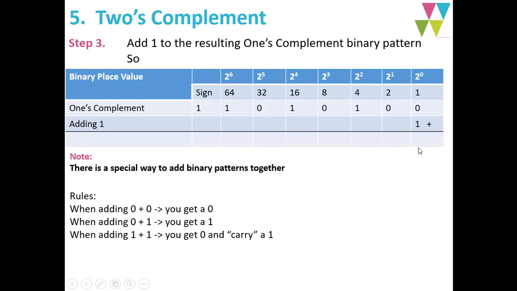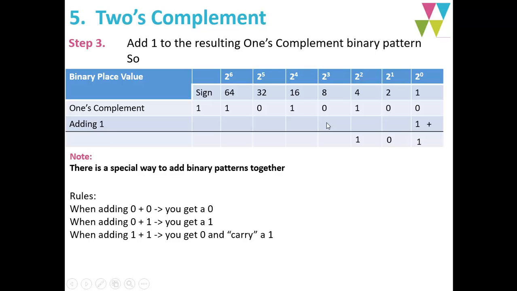So let's work it out. We have 0 and 1 gives us a 1, which is following the row. Then there's nothing here, so that's 0. 0 and 0 gives you a 0. There's nothing here. 0 and 1 gives you a 1.